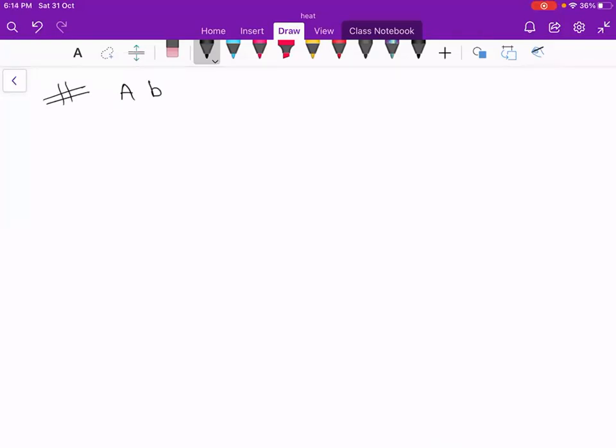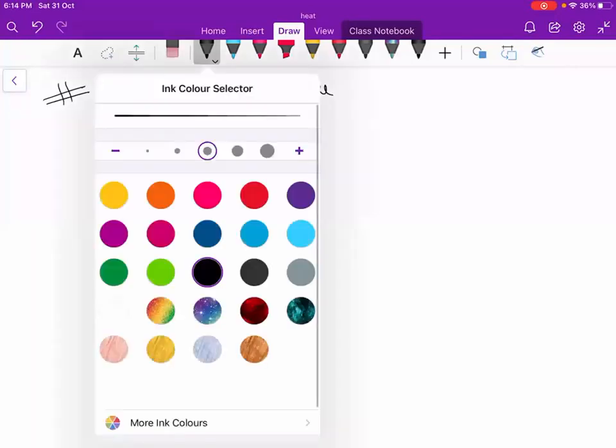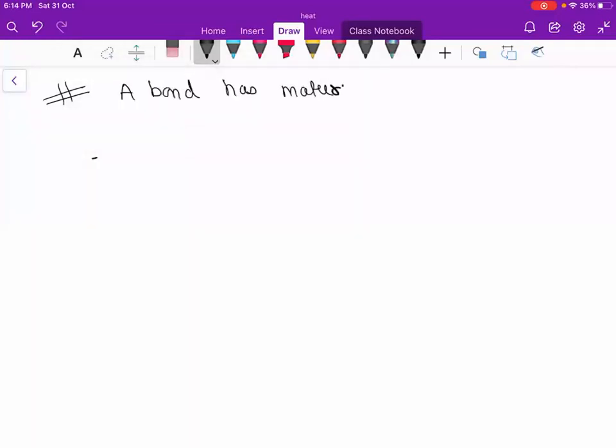A bond has a maturity value of rupees 10,000 after 5 years.